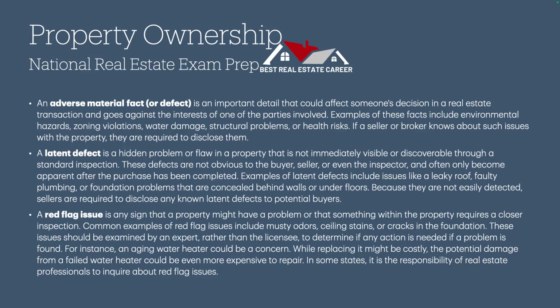If a seller or broker knows about such issues with a property, they are required to disclose them. So, guys, this kind of goes back to the seller's property disclosure and everything else. As you're going through, if you, the agent, know of an adverse material fact, you must disclose it.